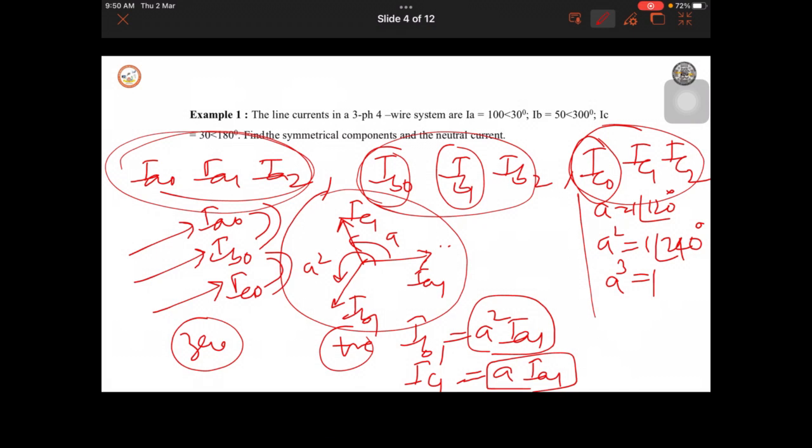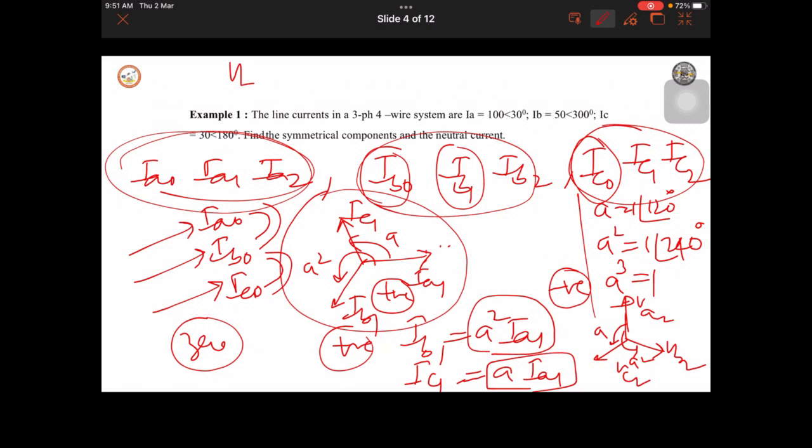Similarly, for the negative sequence network, the negative sequence components follow the same lines. It has 3 phasors, all equal in magnitude, VA2, VB2 and VC2. This is the reference, this is A and this is A square.